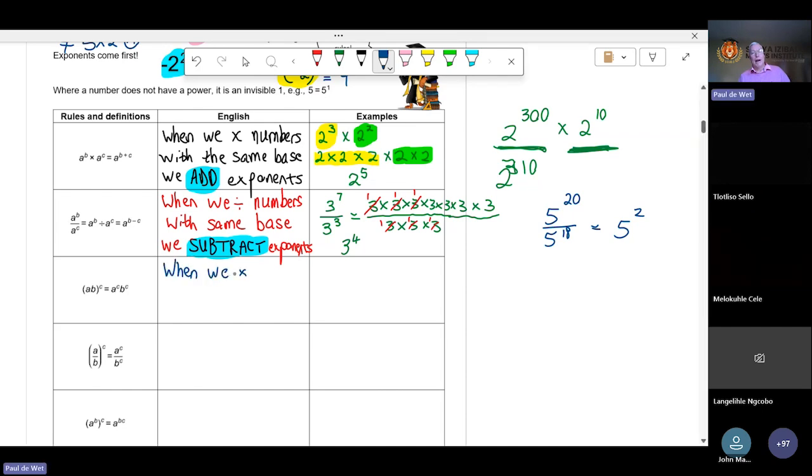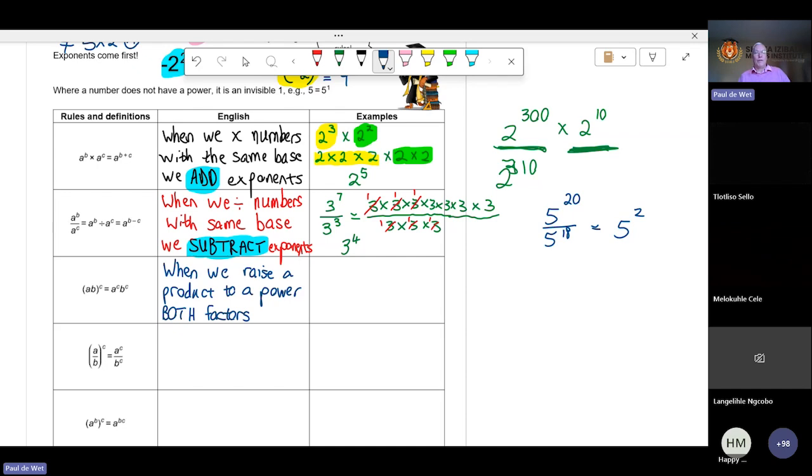When we raise a product to a power, both the factors, both the parts of the product.